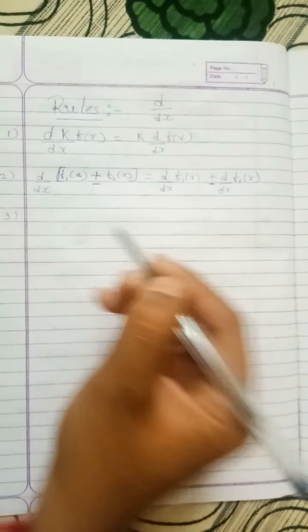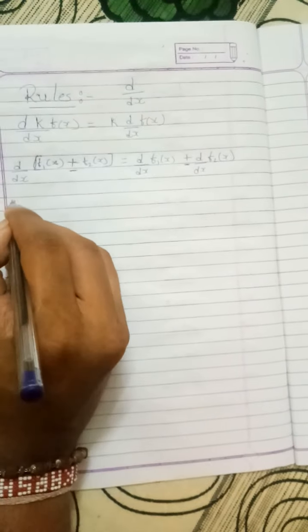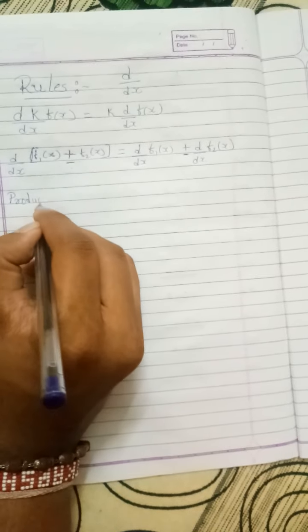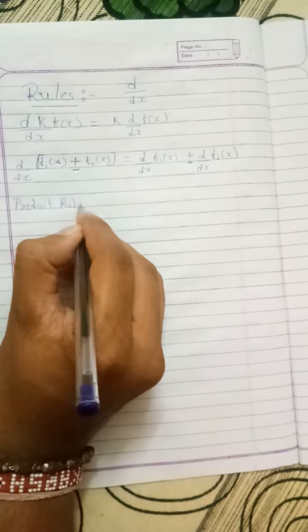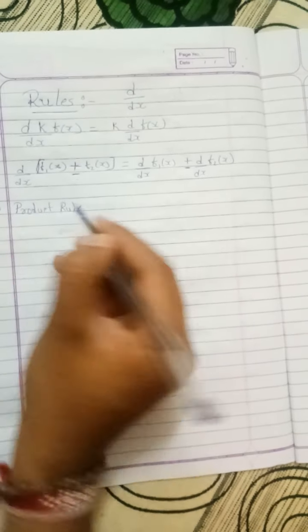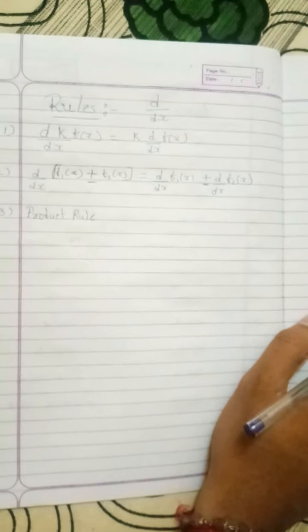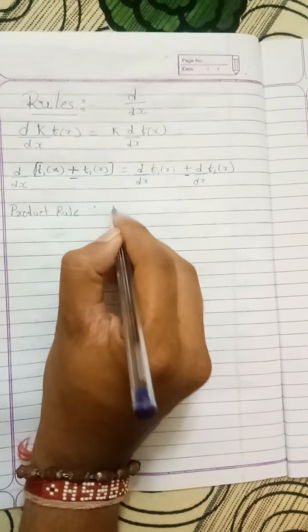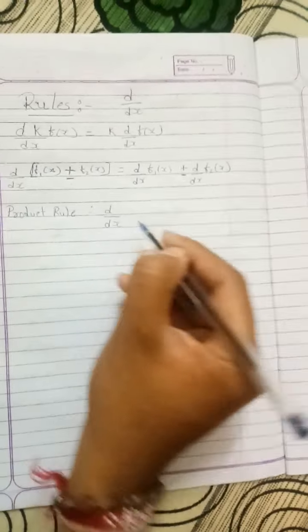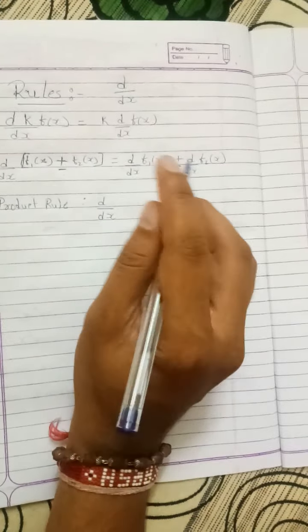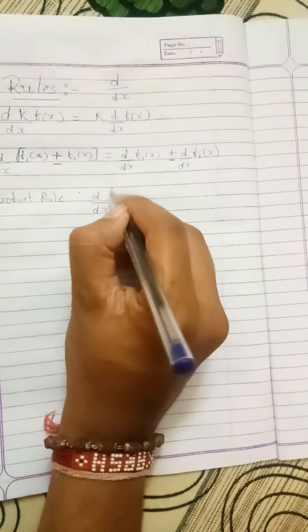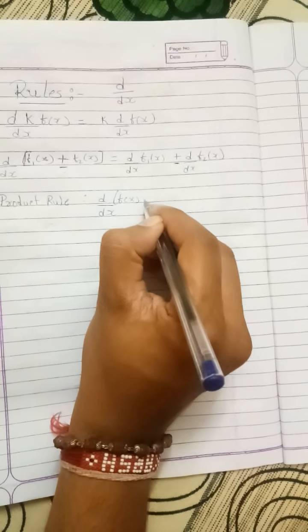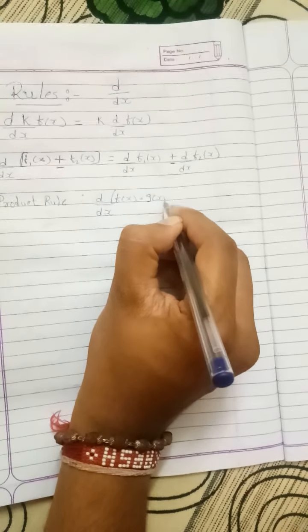Third rule is known as the product rule, and product rule means there should be two functions. So if two functions are given and we want to find the derivation, and the two functions are in product, it means f of x into g of x is given.